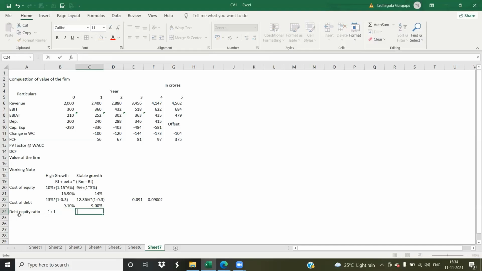So WACC is equal to cost of equity into its weight, that is 1, plus cost of debt into its corresponding weight, that is 1 here, divided by sum of weights, that is 2.